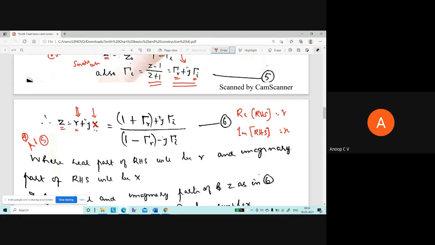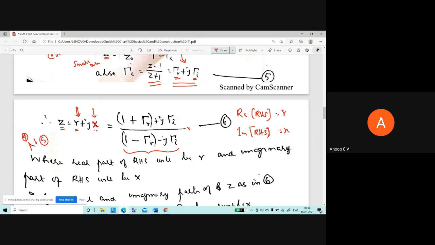If you have such a fraction, how will you find the real and imaginary parts? You will divide and multiply with the complex conjugate of the denominator. Then you will be able to find the real and imaginary parts. If you write it like this, you won't be able to. So that is what we are going to do next.